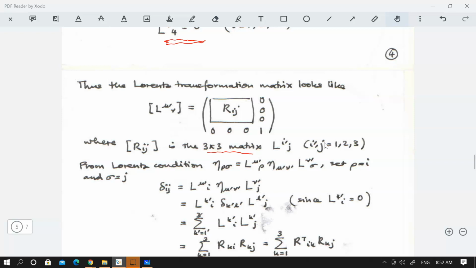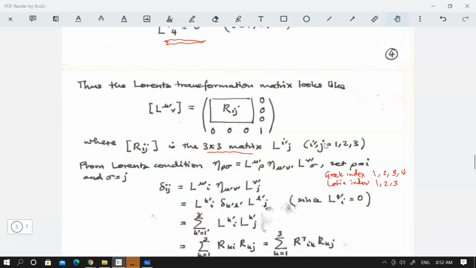When I use the Greek index, it goes from 1, 2, 3, 4, and then your Latin index will just go from 1, 2, 3. So over here now I'm going to replace your row index on your eta by a Latin index, so that limits you to the values of 1, 2, 3 here.